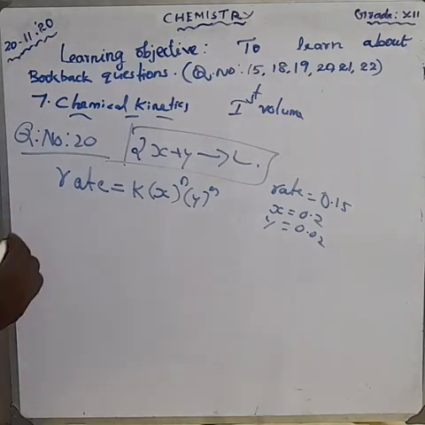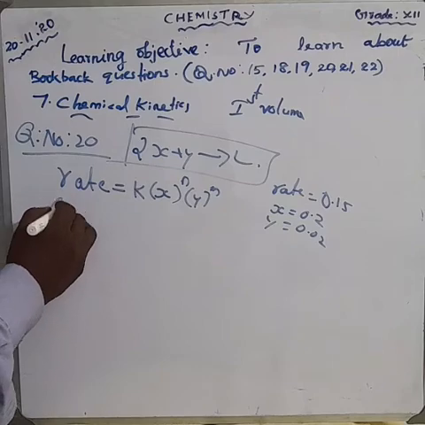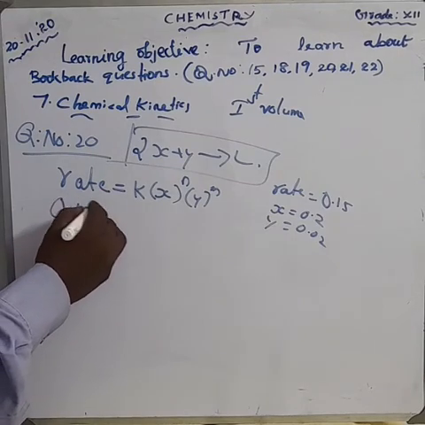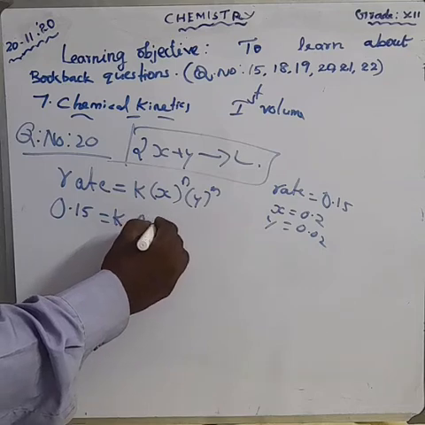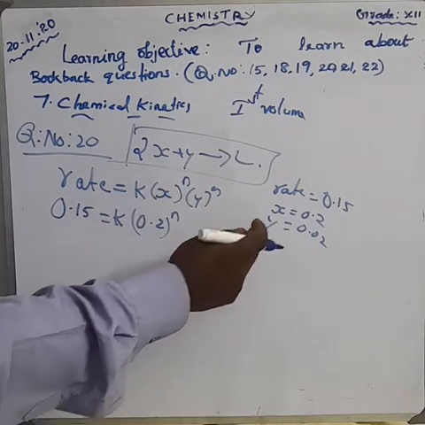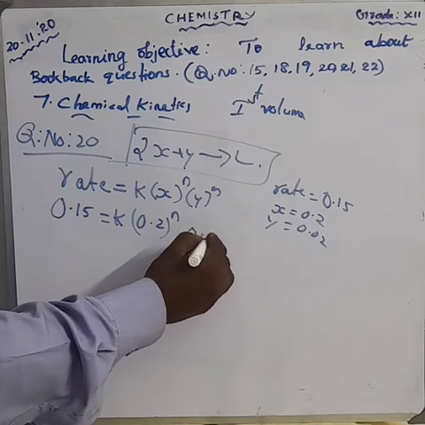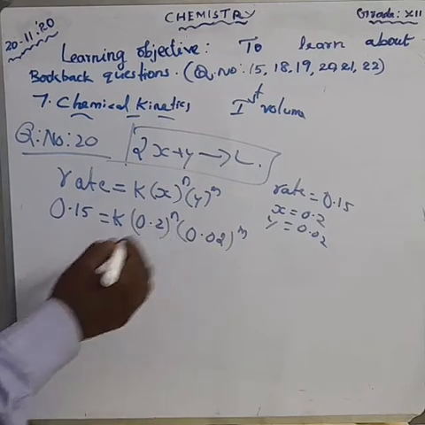So substitute here: 0.15 is equal to k into 0.2 to the power n and 0.02 to the power m.